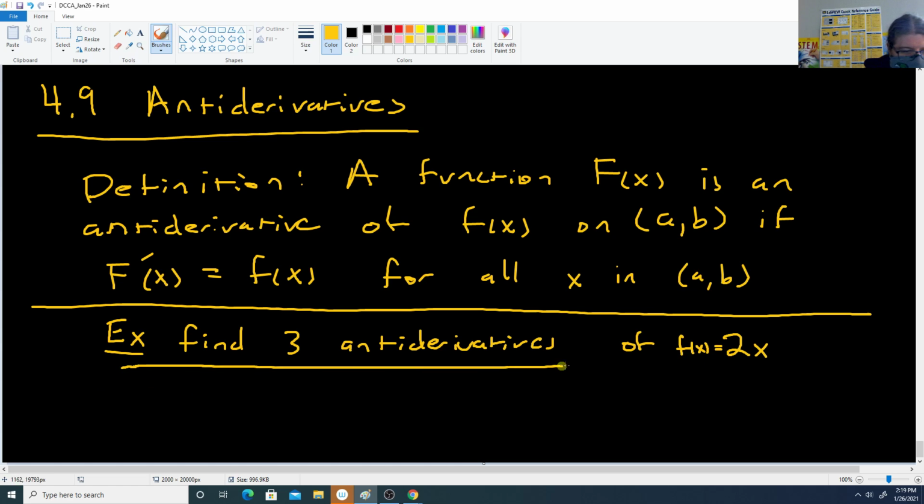So I need to come up with 3 functions that when I take their derivative give me back 2x. So I could say f of x equals x squared. So I take the derivative of x squared, I get 2x.